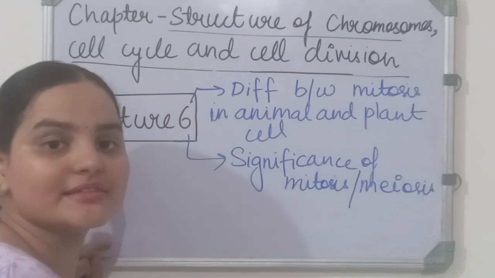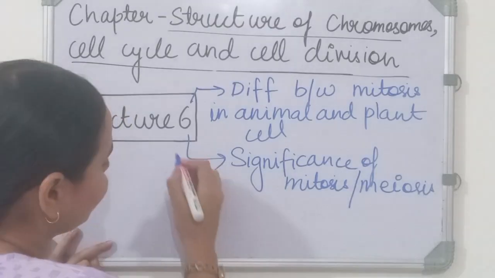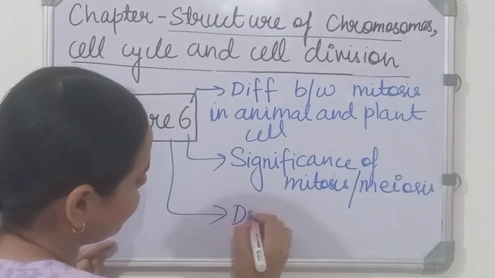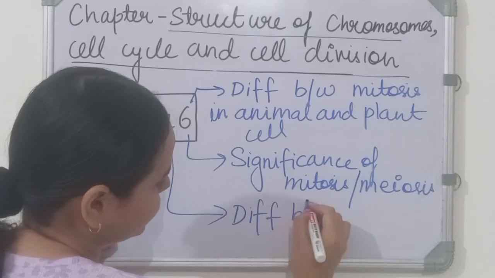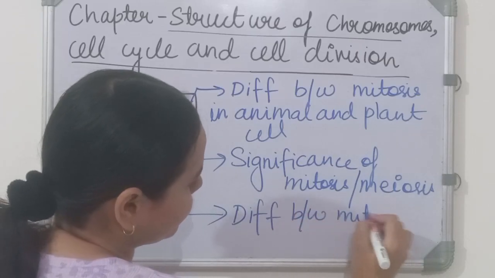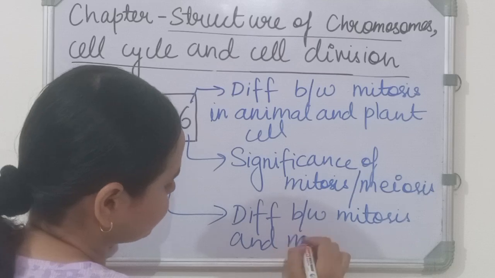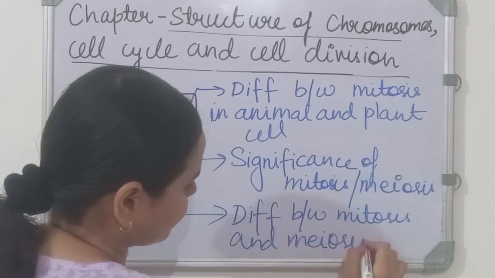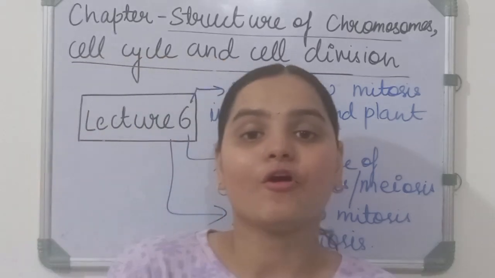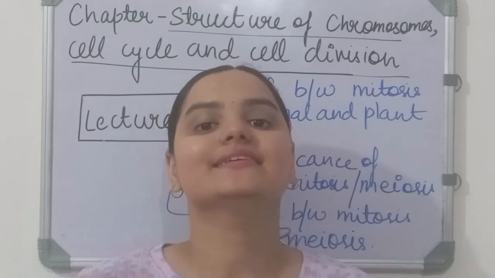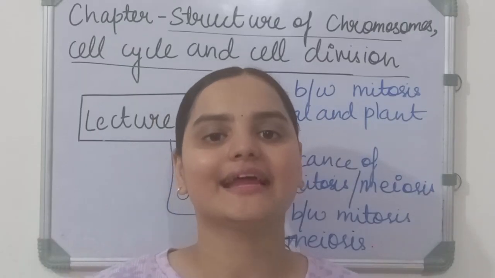And in the end we will study the difference between mitosis and meiosis. I will also discuss how to deal with the exam of year. So stay tuned and let's begin.